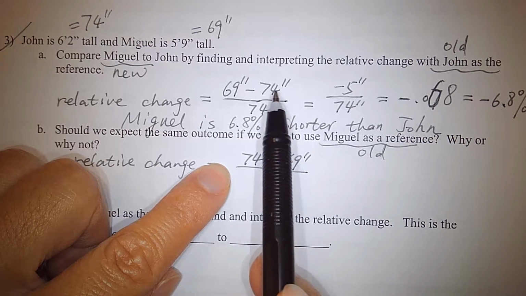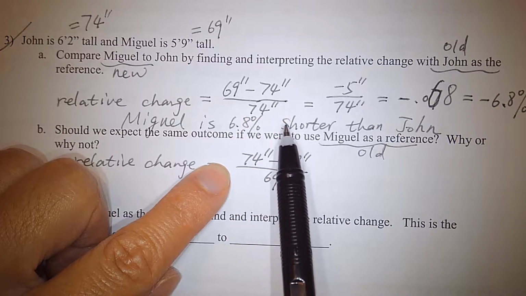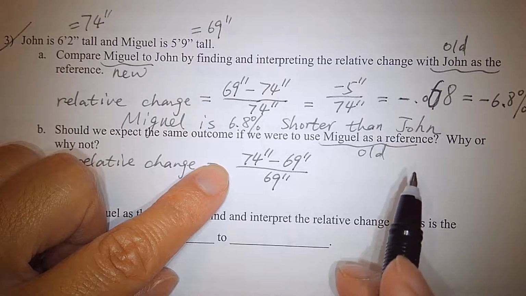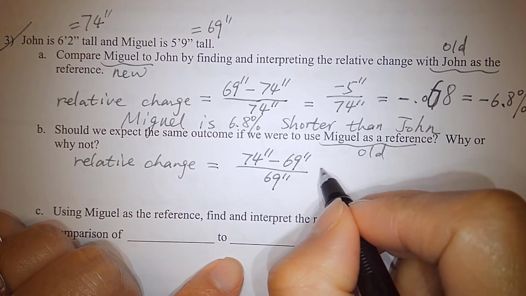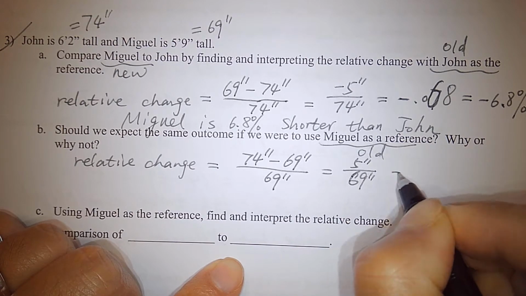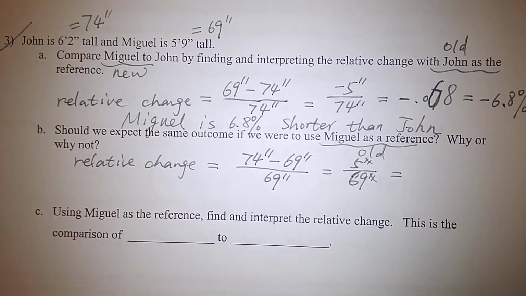However, how about our denominator? Do we have the same denominator? No, because we're using different people as references. So we have 5 inches divided by 69 inches. Inches cancel out.